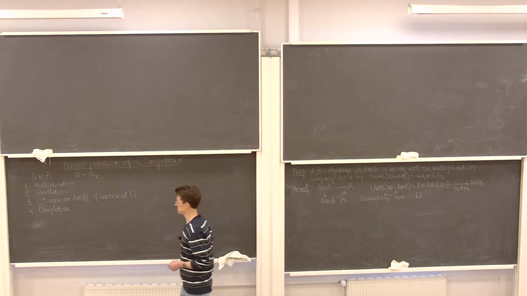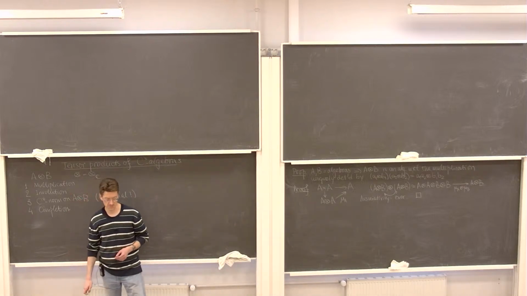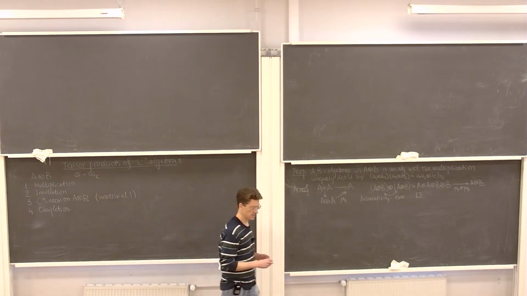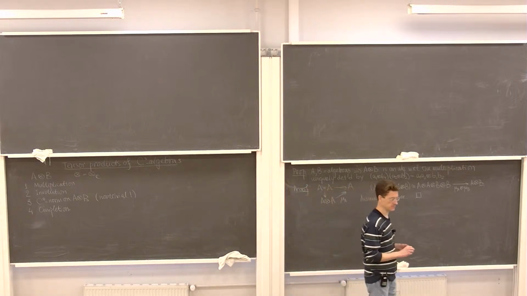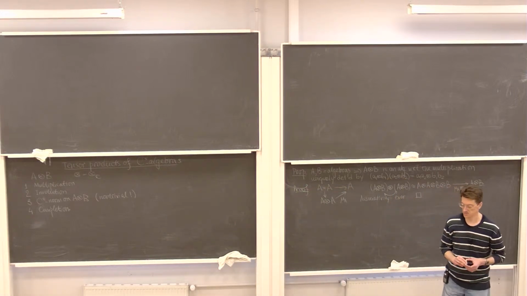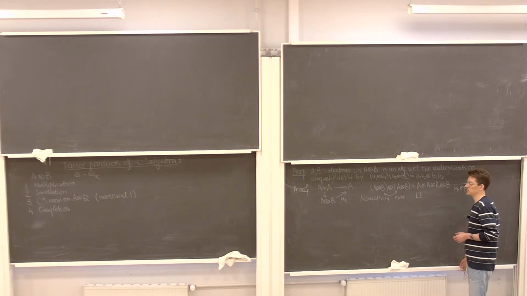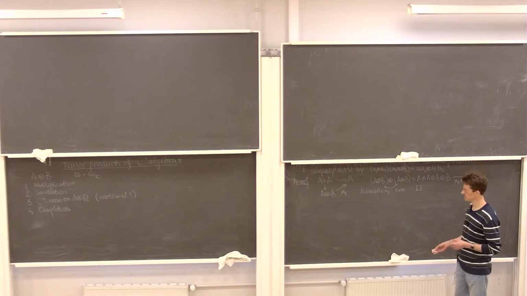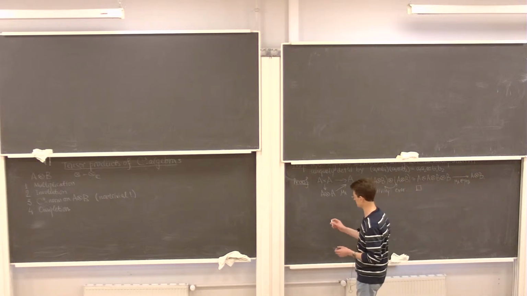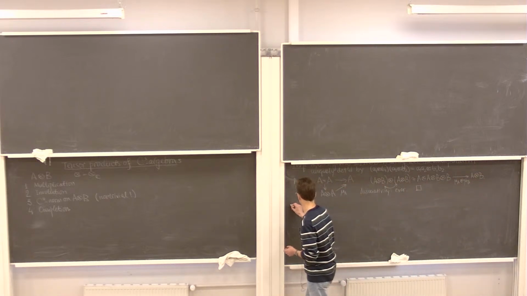Our next step is to define an involution of the tensor product. The delicate point here is that the involution is not a linear map, but is an antilinear map. And to deal with antilinear maps, it's convenient to introduce the following construction, a definition.